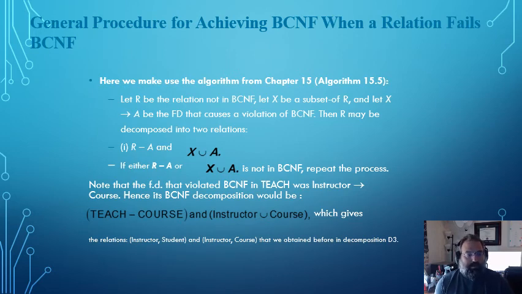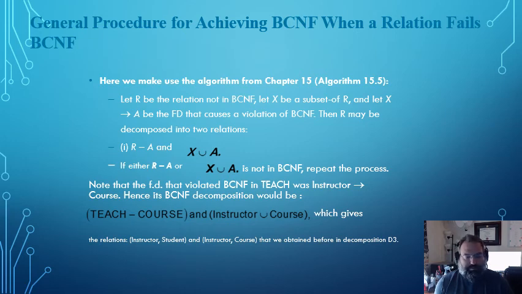Let R be the relation not in BCNF, let X be a subset of R, and let X imply A be the functional dependency that causes a violation of BCNF. Then R may be decomposed into two relations, R minus A and X union A. If neither R minus A nor X union A is in BCNF, repeat the process.